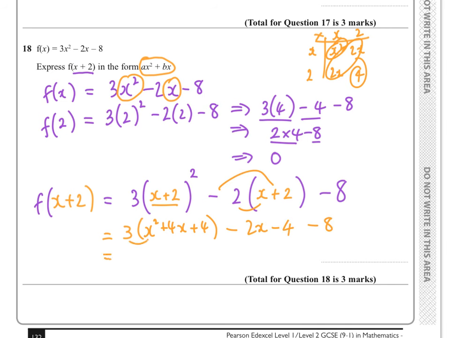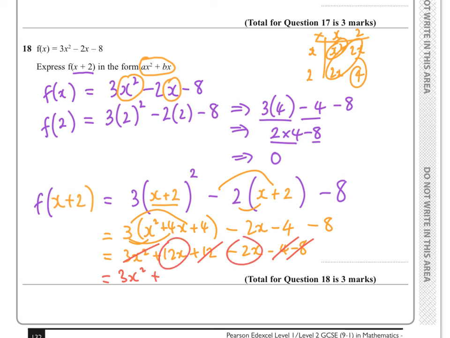And then here we've got 3x squared plus 12x plus 12, and then we've got these values here. Well, straight away, hopefully you can see that these cancel out because we've got positive 12 and negative 12, and then we're left with 3x squared and then 10x. So it looks as though A is going to be 3 and B is going to be 10.